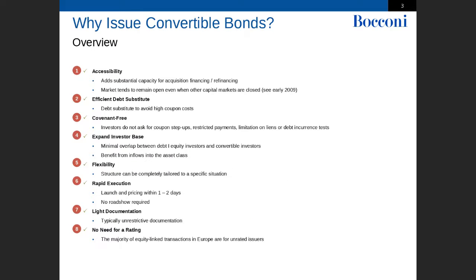Why do you issue convertible bonds? Number one is accessibility. De facto, a convertible bond has substantial capacity for acquisition financing and refinancing. Yesterday in class 16, I made this example.